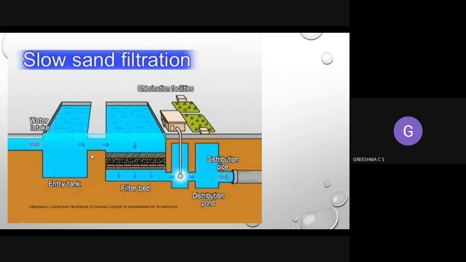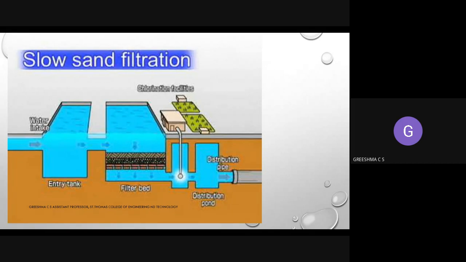One of the disadvantages of the slow sand filter is that you cannot take water after sedimentation with coagulation. Water has to be supplied to the slow sand filter from the plain sedimentation tank. You cannot take water from the coagulation sedimentation tank.